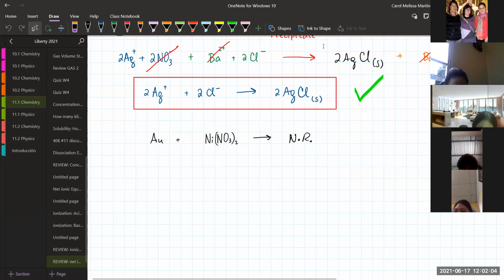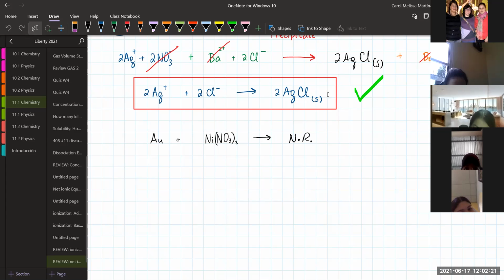For example, that equation over there. I'm combining gold with nickel 2 nitrate, and I wrote as a result that no reaction occurs. The reason is because in the activity series, gold is below nickel, so we cannot replace it.